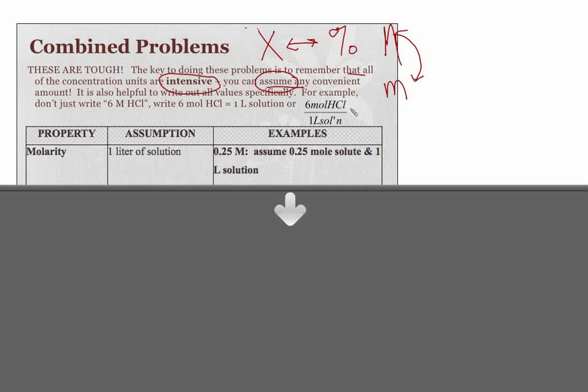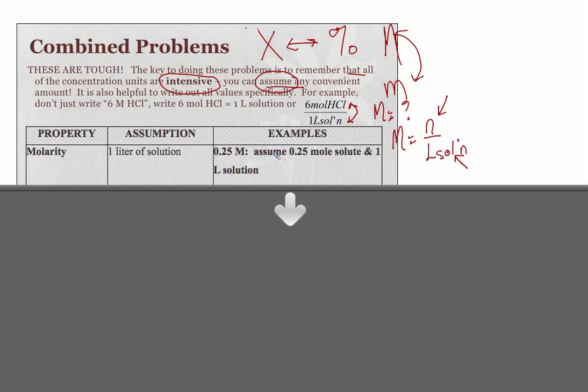And when you're setting up the problems, you want to set them up as full formulas. You don't simply want to write molarity equals. You want to write molarity is equal to moles per liter of solution. So you realize that in order to calculate this, you somehow have to get the moles and you somehow have to get the liters of solution.